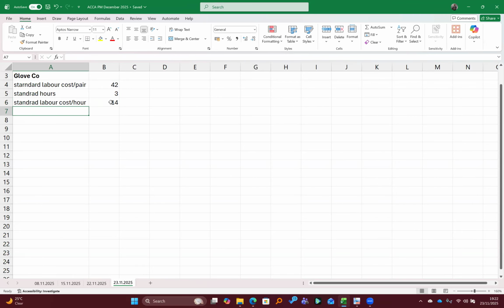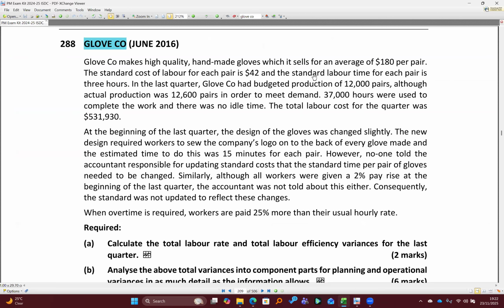From here, we have been told that they sell at an average of 180 per pair and so on and so forth. But what I was expecting for starters is the standard cost.